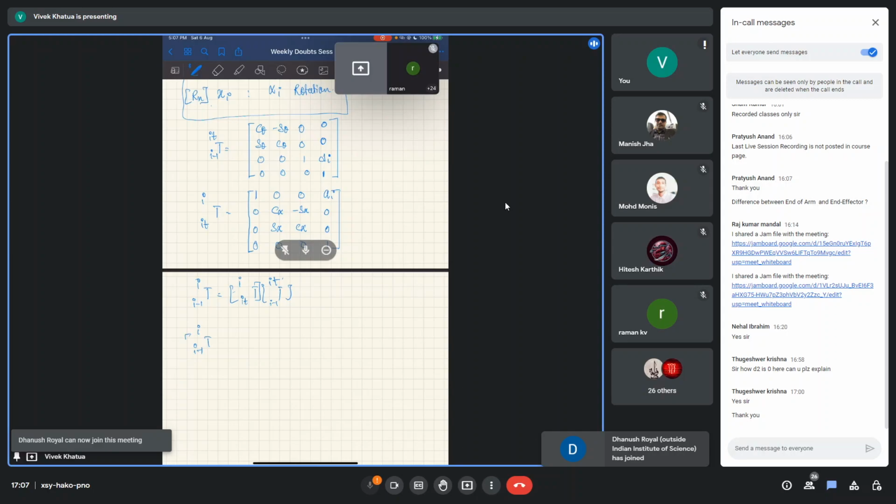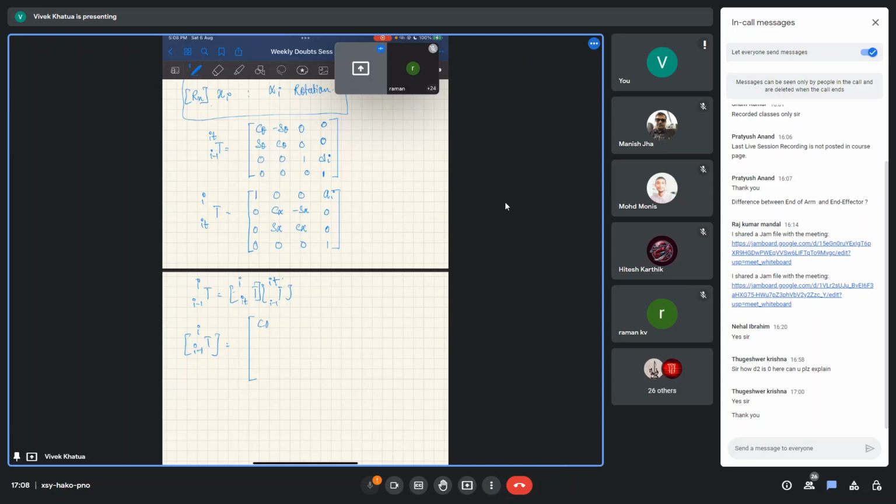Here, the first matrix is 1, 0, 0, a i; 0, cos alpha, minus sin alpha, 0; 0, sin alpha, cos alpha, 0; 0, 0, 0, 1.